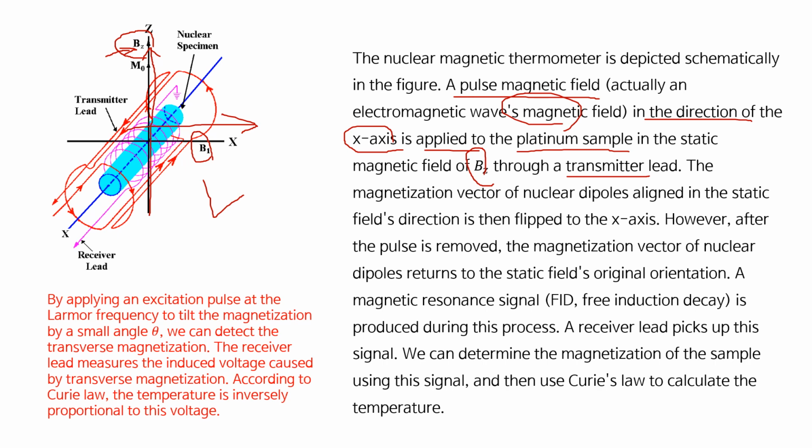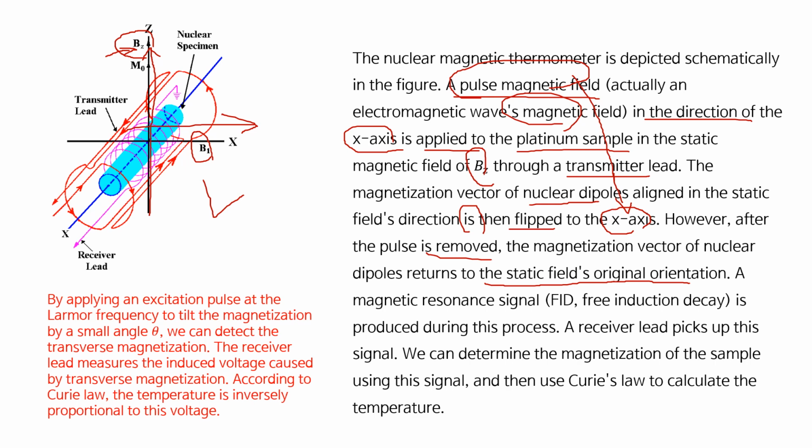The magnetization vector of nuclear dipoles aligned in the static field's direction is then flipped to the x-axis by this pulsed magnetic field. However, after the pulse is removed, the magnetization vector of nuclear dipoles returns to the static field's original orientation.